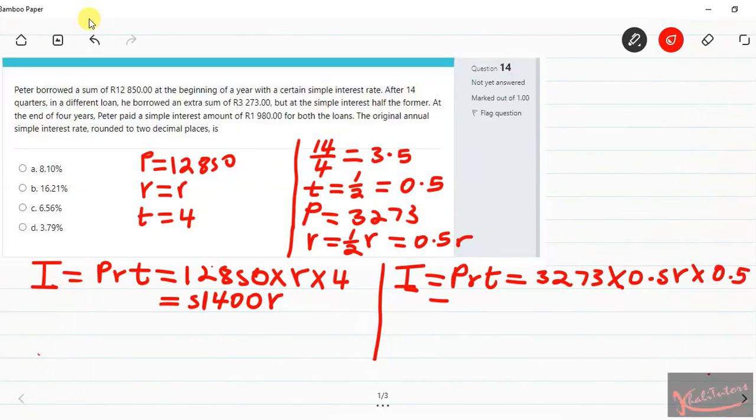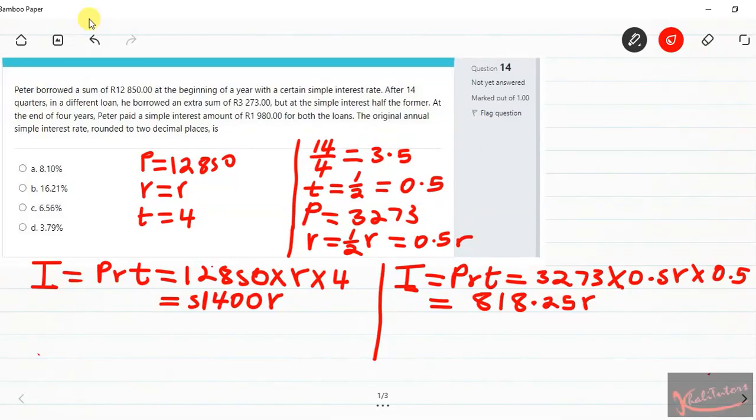Therefore the answer to this is gonna be, let me just multiply out. 3,273 multiplied by 0.5 multiplied by 0.5, then we get 818.25 R.